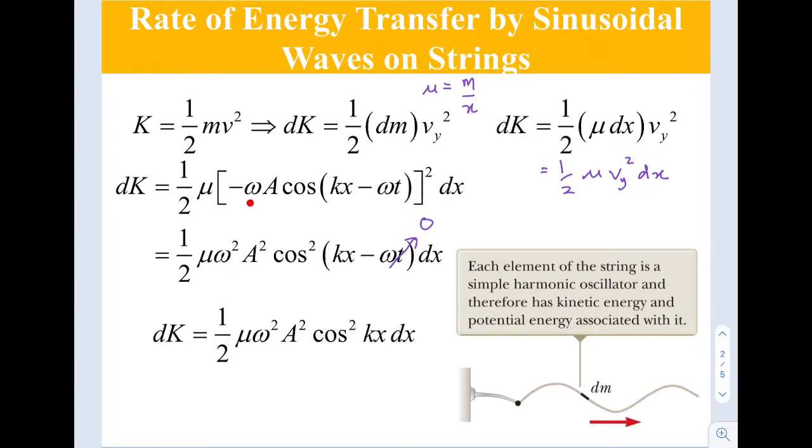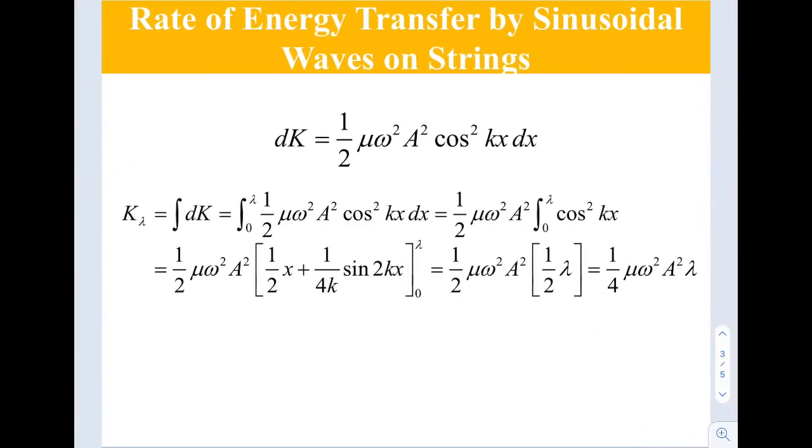So you will get omega squared a squared cos squared (kx minus omega t) dx, and at t equal to 0, the omega t will be 0. Why is t equal to 0? This is the initial condition. So now your dK is equivalent to half mu omega squared a squared cos squared kx dx. This is a small element, or amount, of kinetic energy.